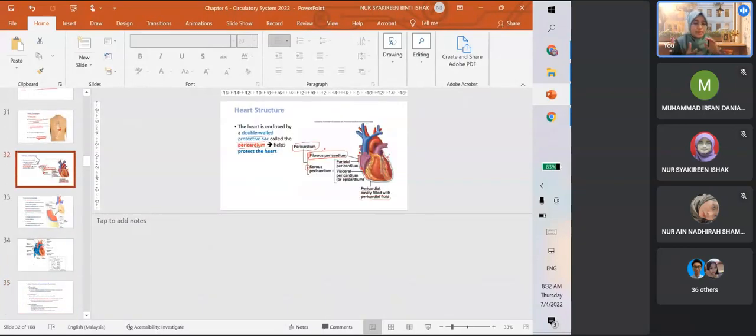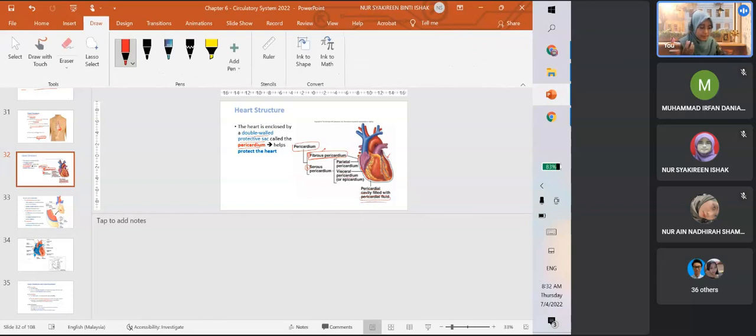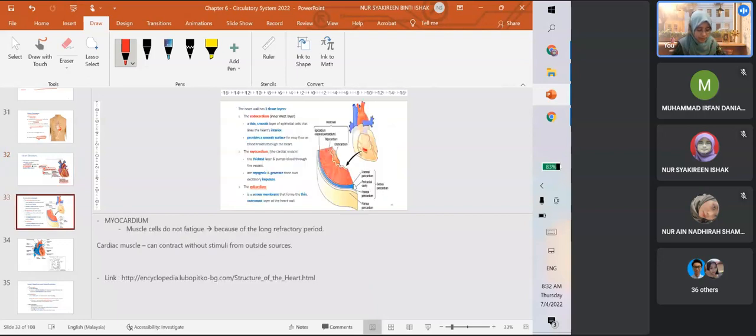So the fibrous pericardium attaches the heart structure to the surrounding organs, and the pericardial fluid reduces friction during the pumping of the heart.